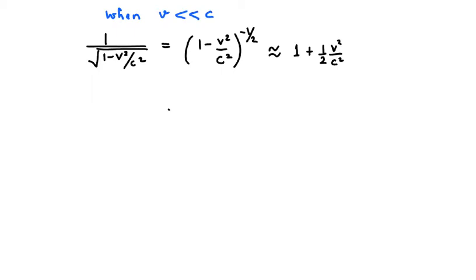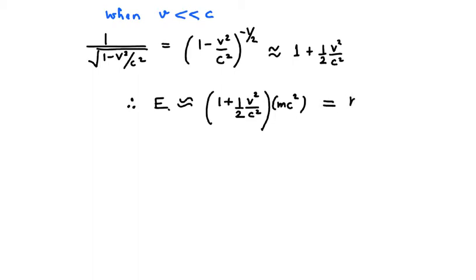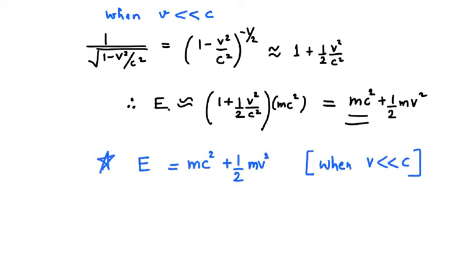So we see that for a slow moving body, relativistic energy is equal to a constant term mc square plus the classical kinetic energy. This constant term mc square is independent of velocity v, and the second term, half mv square, is precisely the classical kinetic energy of a body of mass m and speed v.